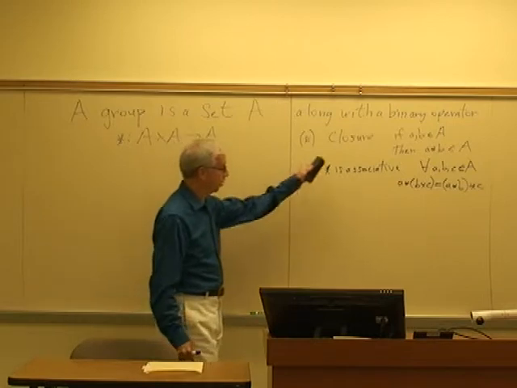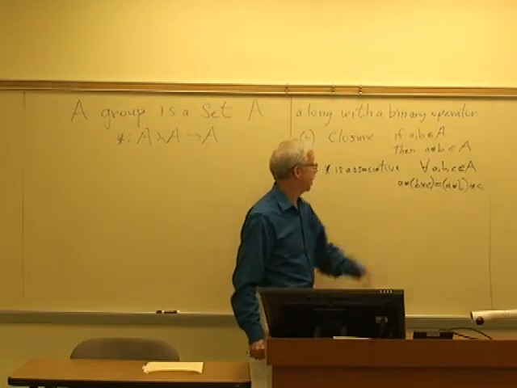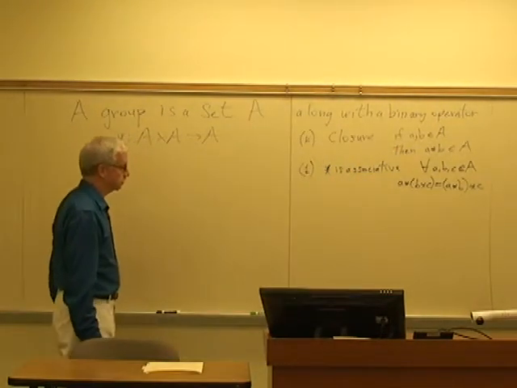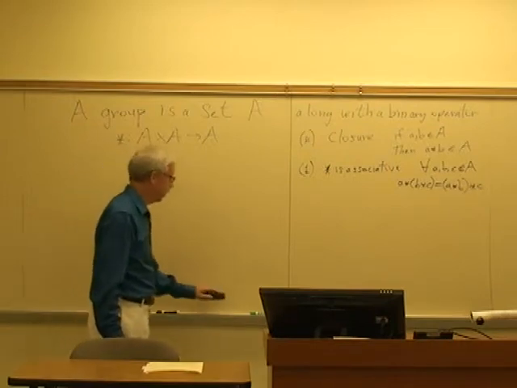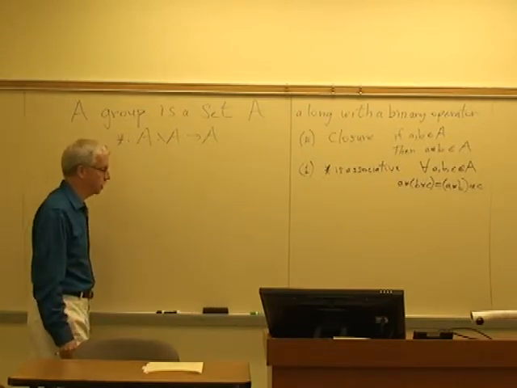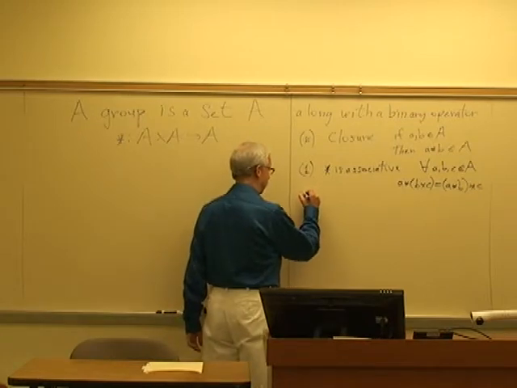And both of these are really for all, right? For all A, B, C, we need that. So associativity is really the fundamental principle. It's not that easy to obtain in general.